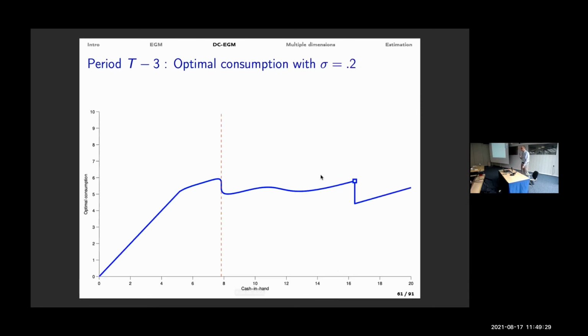But the point also is that with sigma equals 0.2 here, we still have the discontinuity, which you don't really see because of this sloppy plot, but there's a vertical section here. It starts being smooth, but not quite. Then you go to 0.22 and it's completely smooth.